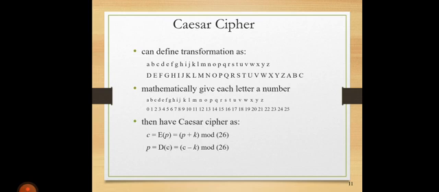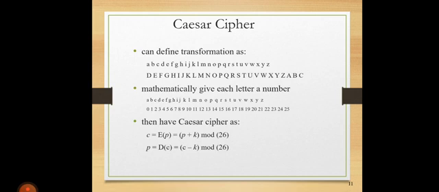You can also use numbers. For numbers, A is replaced by 0, B is replaced by 1, C is replaced by 2, up to Z replaced by 25. So the mathematical expression is C = E(P) and P = D(C), where C is ciphertext, P is plain text, E is encryption of plain text, D is decryption.